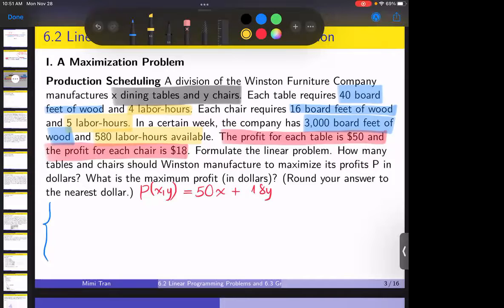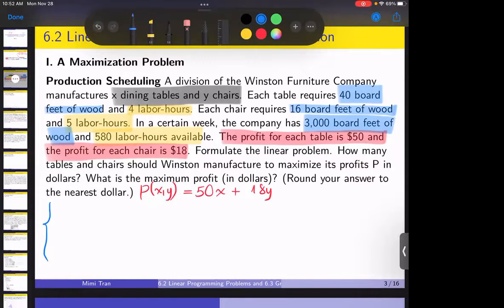If you do that, would you have x and y together? No, right? Because the 40 board feet and the 4 labor hours are for the table, so they're all x, and then you're kind of stuck. So you have to combine the wood together and the time together because of the given information.